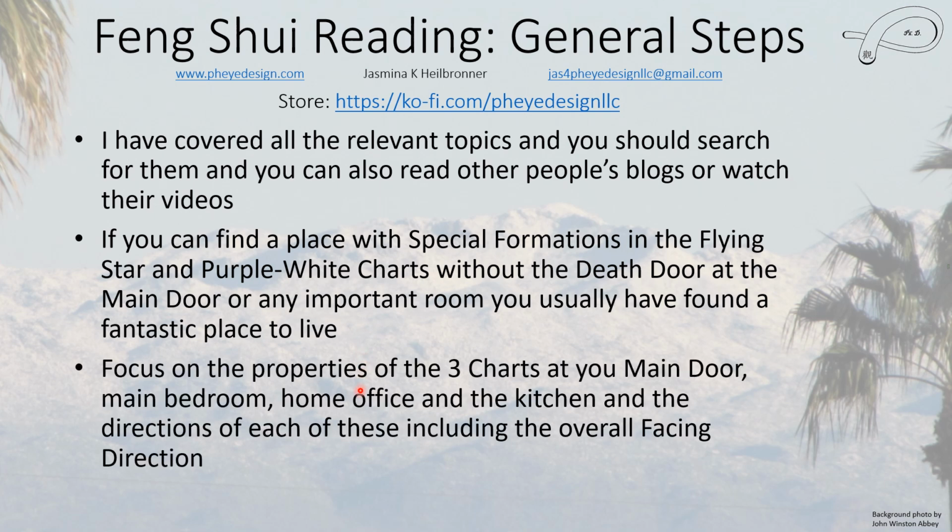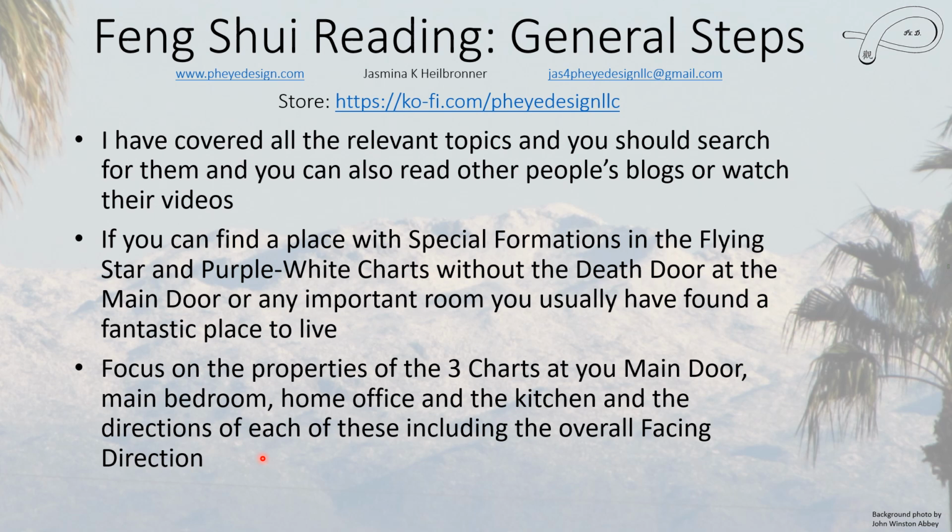Now, you focus on the three properties of those charts, the flying star, purple-white, and Chiman charts, at your main door, the owner's bedroom or the main breadwinner's bedroom, the home office, even if that's your dining room table, and the kitchen. You also worry about the directions of the important items in there.